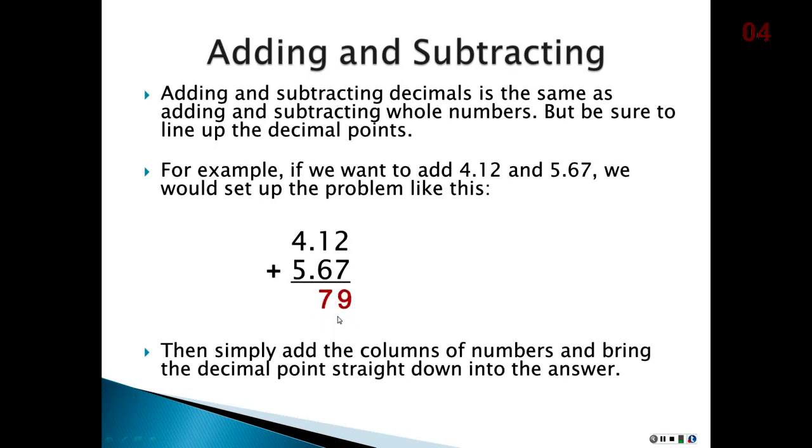So we have 9 in the far column, then we have a 7, and then just bring your decimal straight down because you lined it up by the decimal place. And then what's 4 plus 5? 9. So what is this number that I have for my sum? Read it correctly now. 9 and what? 79 hundredths. 9 and 79 hundredths. So it's very similar to what we did with whole numbers. Just line them up by the decimal.